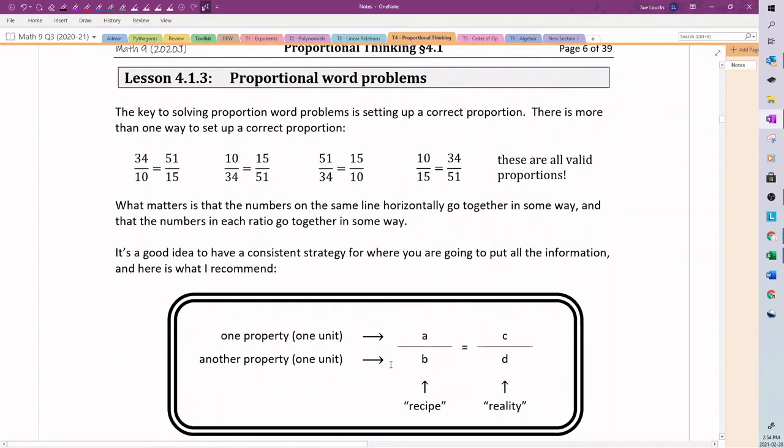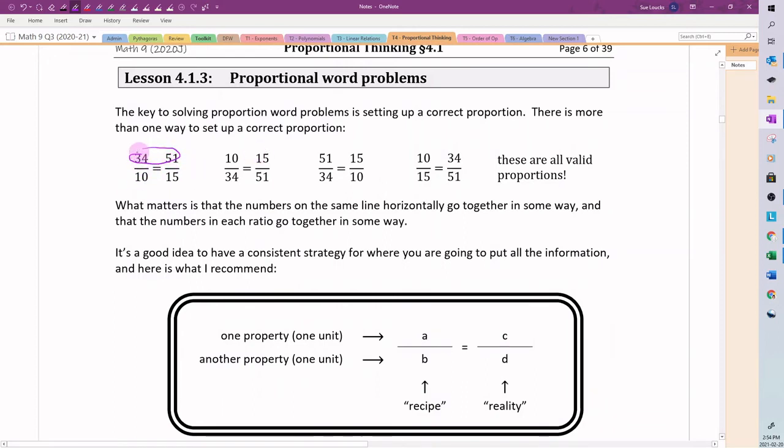The key to solving word problems with proportions is making sure that you've set up the right proportion. And there's more than one way to set up any given proportion. All of these proportions that I have written here are valid representations of the same proportion. What matters is that the numbers on a line horizontally are connected in some way.